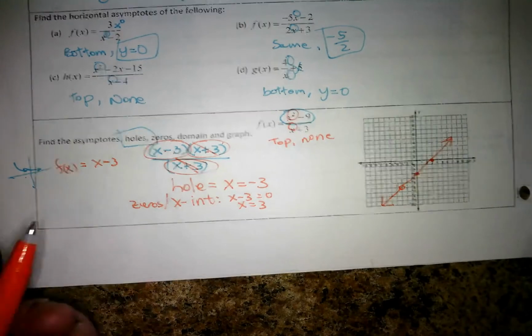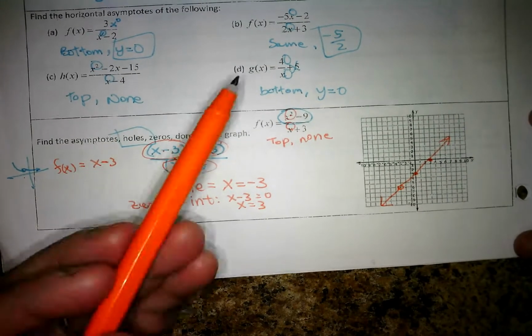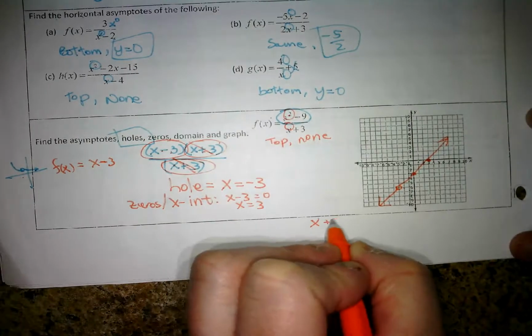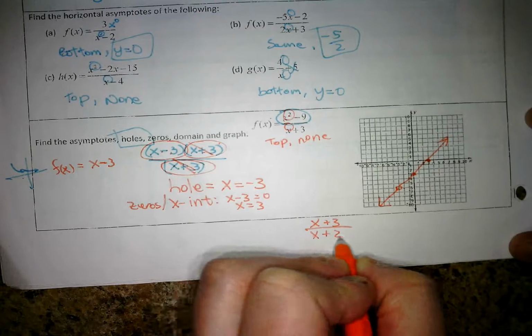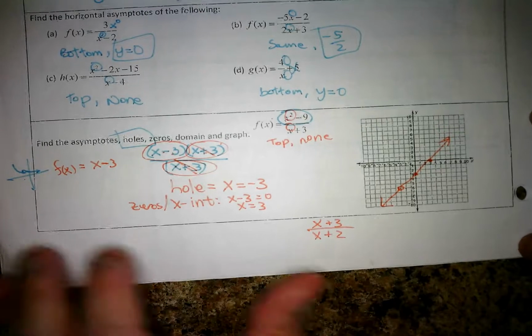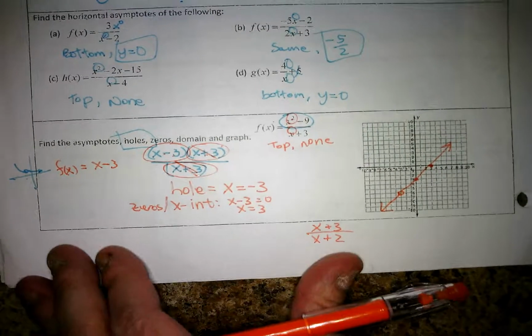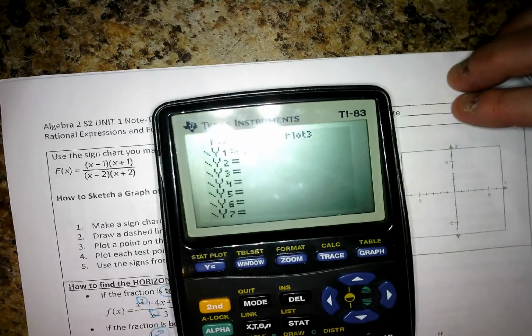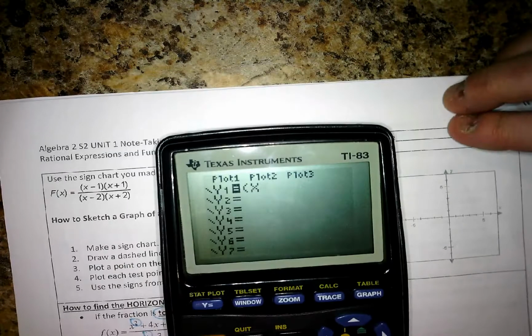If you're left with a function after simplifying that looks like x plus 3 over x plus 2, you can plug that into your calculator. That's going to be just fine. Let's go ahead and plug this one in. This would be a good one to show you on. So we're going to do parenthesis. I don't know why I didn't show it to you before. So x minus 1 parenthesis times, oh, and I already forgot my first parenthesis.